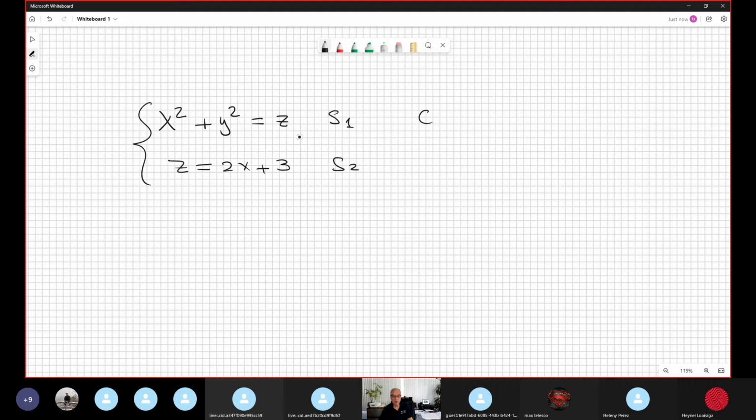And the curve I want to parametrize using the vector valued function is the intersection of surface 1 and surface 2. Again, what is the first name and last name of surface 1? That one. Any help? Paraboloid. Exactly.